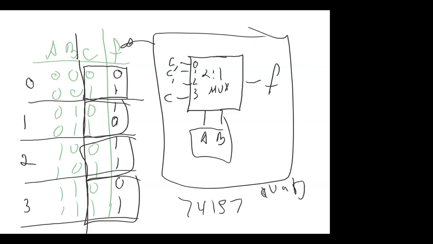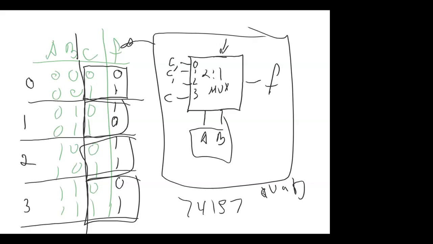That's a quad 2-to-1 mux. So in other words, there's 4 of these things in one dual inline package. That's 16 pins. Who got confused by this?